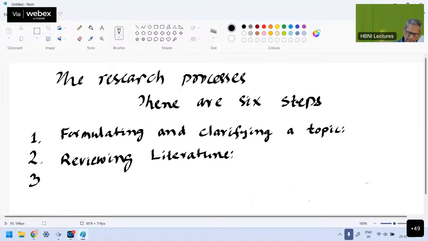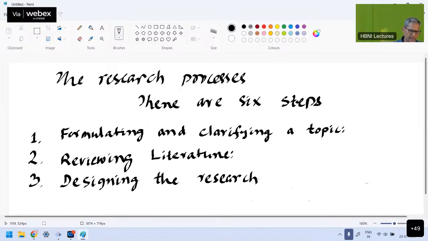So third is designing the research. This is a hard process. Once you have decided your topic and identified the gap areas, here you use the research method.